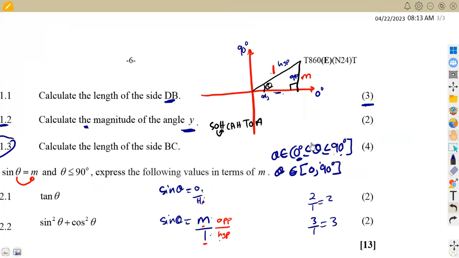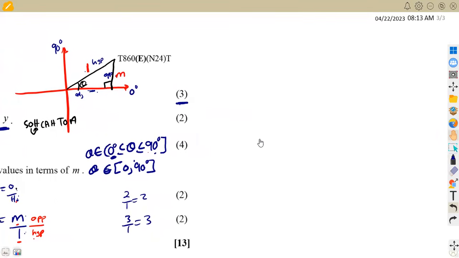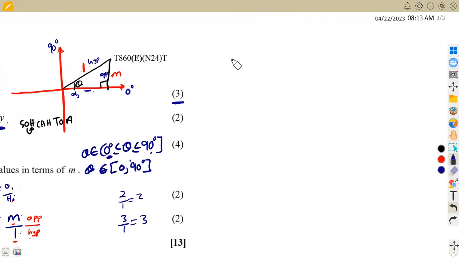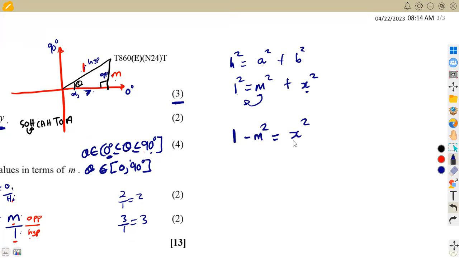We can apply back our Pythagoras theorem. Remember, the hypotenuse squared is equal to a squared plus b squared. You can write this as x squared plus y squared, where the hypotenuse is 1. So 1 squared is equal to m squared plus the side we want to calculate, the adjacent, which we can write as x squared. Transposing m squared to the other side, since 1 squared is 1, we get 1 minus m squared equals x squared.